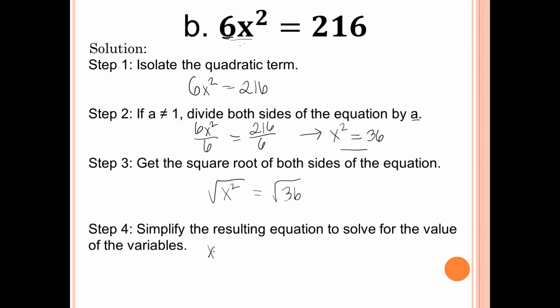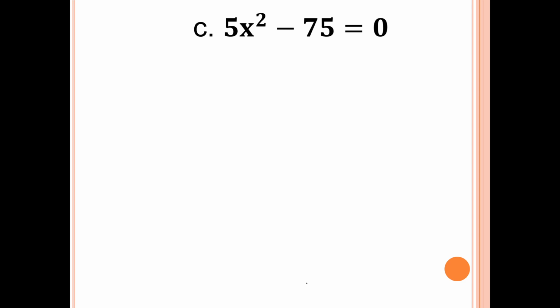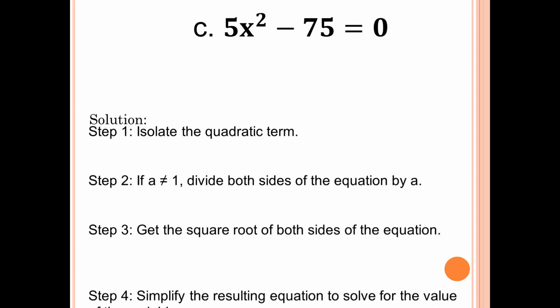So square root of x squared, we have x equals square root of 36 is positive and negative 6. So the solution of 6x squared equals 216 is positive 6 and negative 6. Next, for letter C, we have 5x squared minus 75 equals 0.